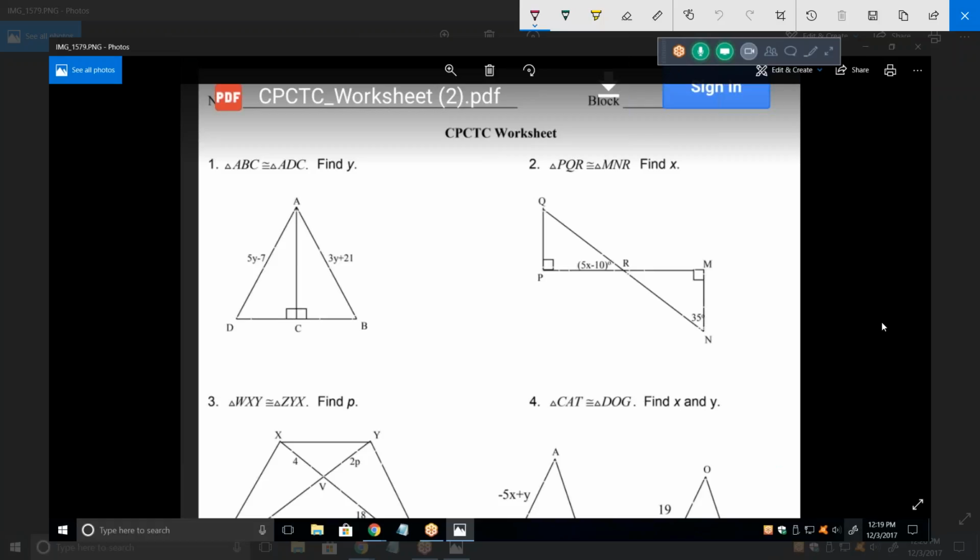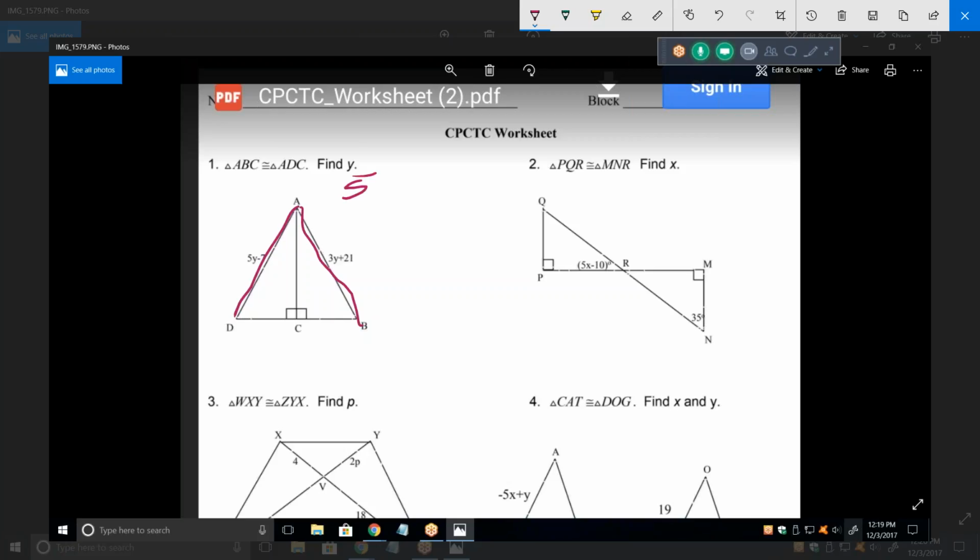For one, you just set 5y minus 7 equal to 3y plus 21. Yeah, because CPCTC, corresponding parts of congruent triangles are congruent. And this AD is the corresponding part to AB. So they're equal.